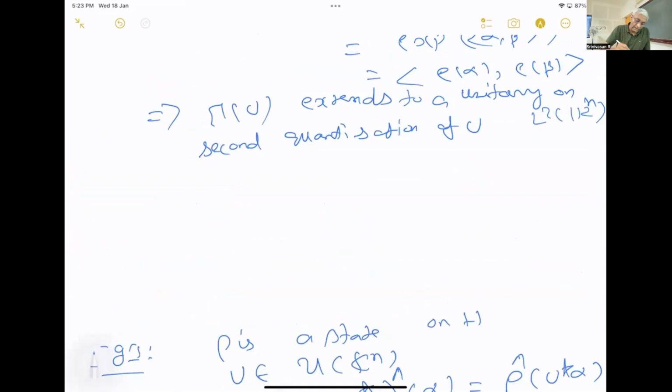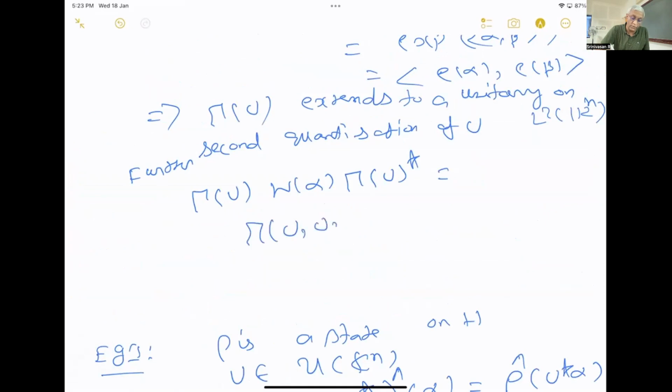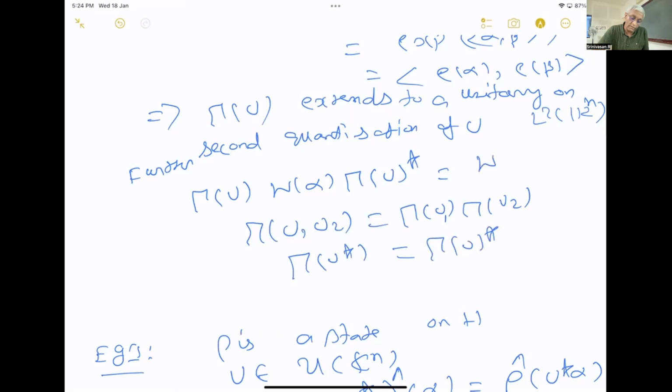This was easy to verify; we proved it last time. Now gamma of u, W of alpha, gamma of u star. Further, it is also true that gamma of u1 u2 equals gamma of u1 gamma of u2, and gamma of u star is equal to gamma of u whole star. Maybe we will need it later. And this is equal to W of u alpha.